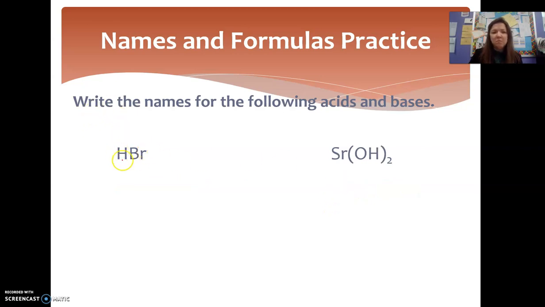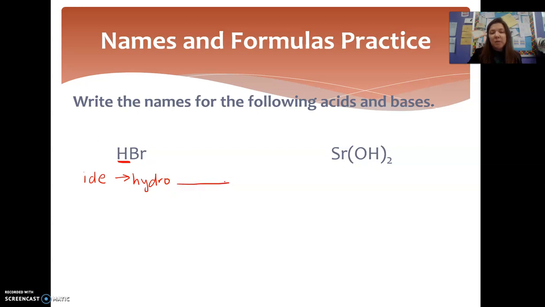Next, HBr. Okay, starts with H. It's an acid. So I know I'm going to have to look and see what comes after it. It's just the element bromine. That means it would originally end in bromide, ide. All right, and when it is just H followed by just an element, that's the only time we use that hydro prefix, all right?